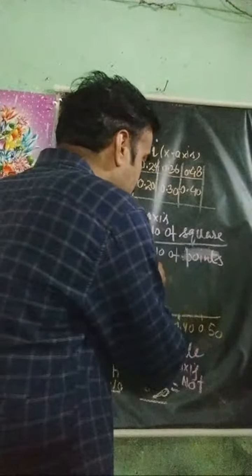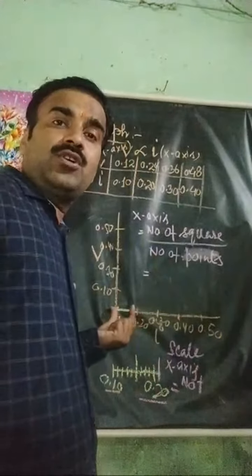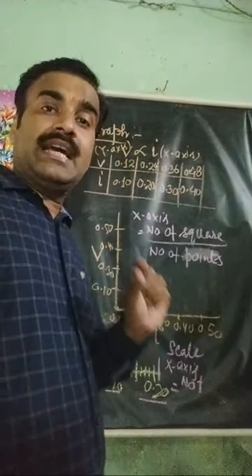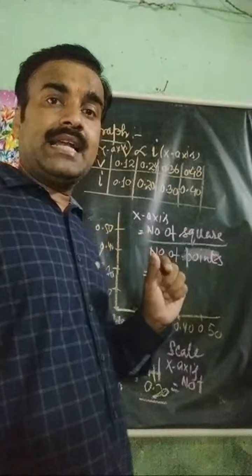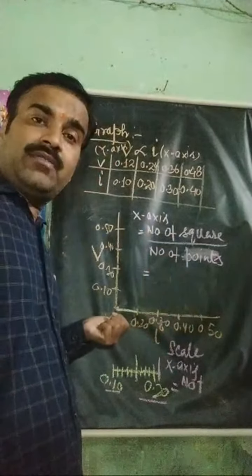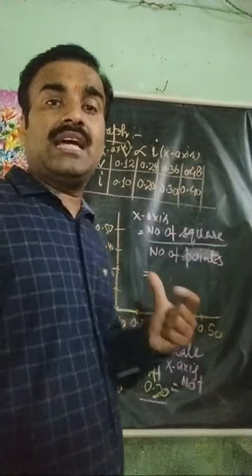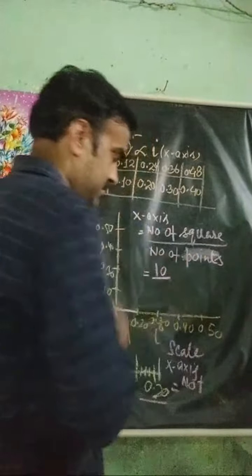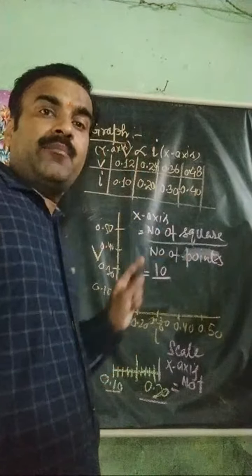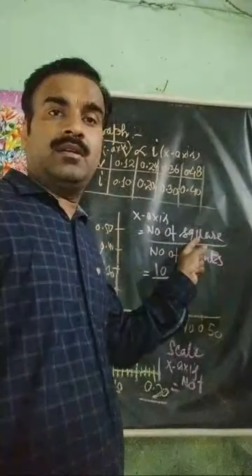Okay, see, from 0.10 to 0.20 there are 10 divisions. Again, listen: in between 0.10 and 0.20 there are 10 divisions. So if there are 10 divisions, here you have to write 10, because I have already written the number of squares available.